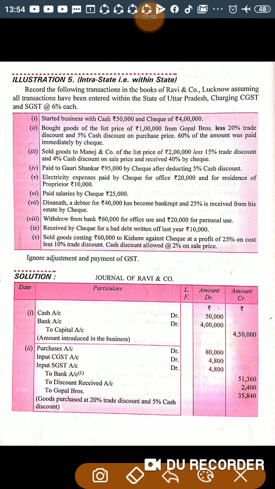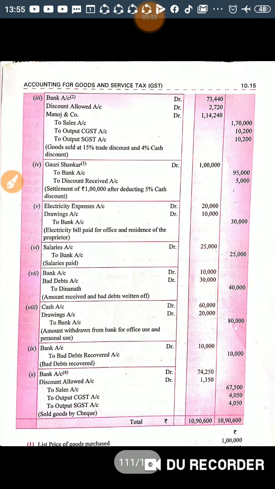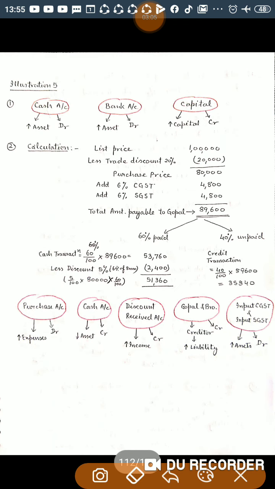After analyzing this transaction, we got to know that three accounts are involved: cash account, bank account, and capital. Cash is an asset, it is increasing in the business, so it should be debited. Bank is also an asset under modern rule, it is increasing in the business, so it should be debited.